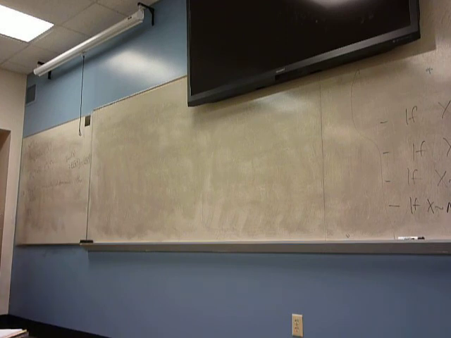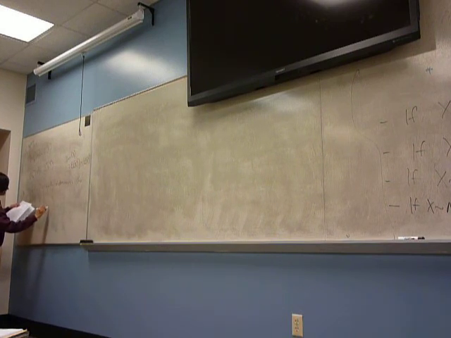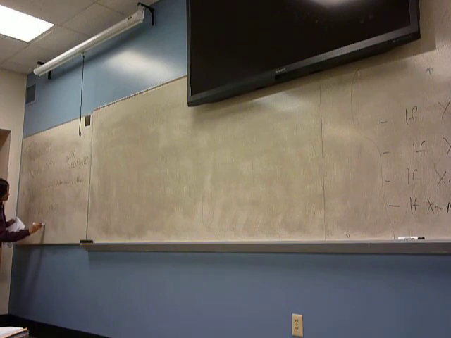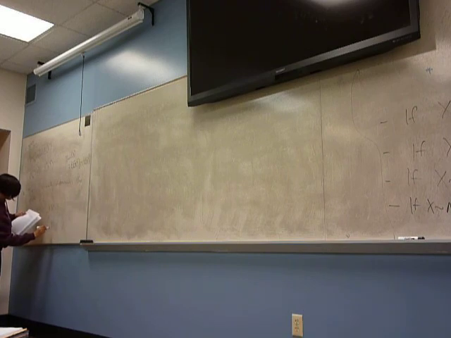So I give you the moment generating function of a random variable of a certain form, and then when you look at that, it becomes obvious that X has to be Poisson distributed. So basically, knowing this tells you that X must be Poisson with parameter 0.5.